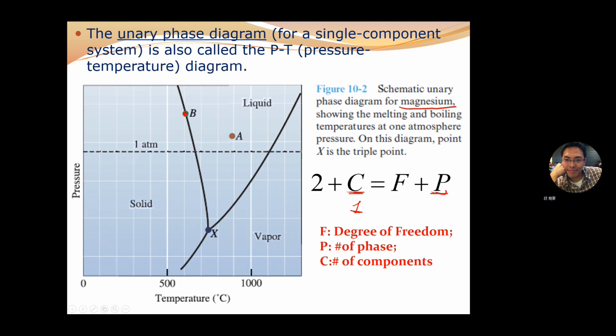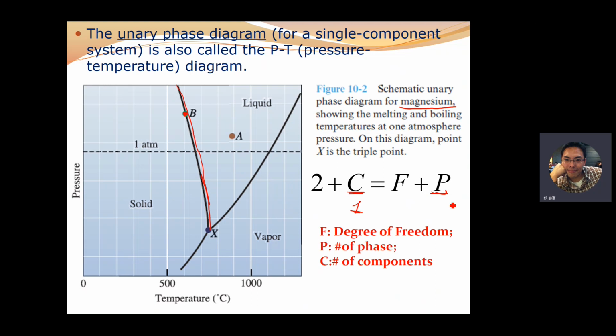Therefore, any point on this line is two phases coexisting. Okay, two phases coexisting.